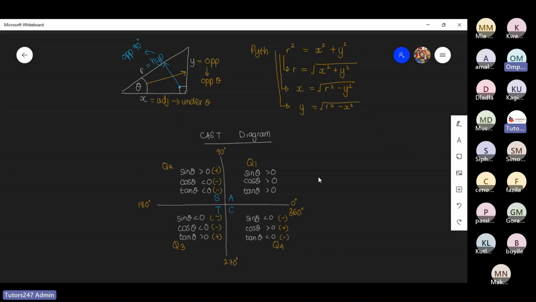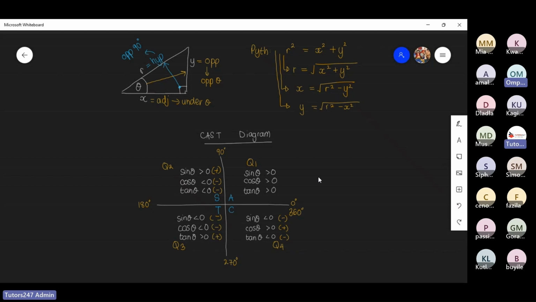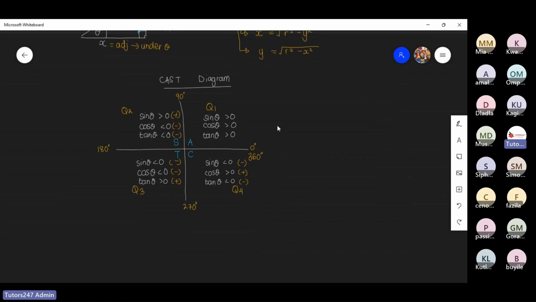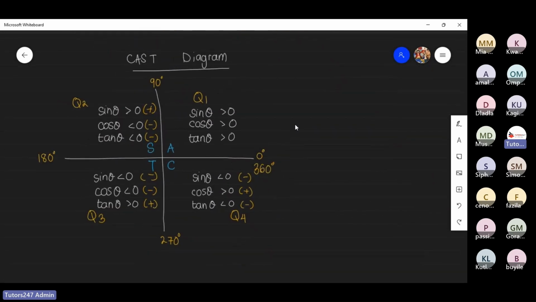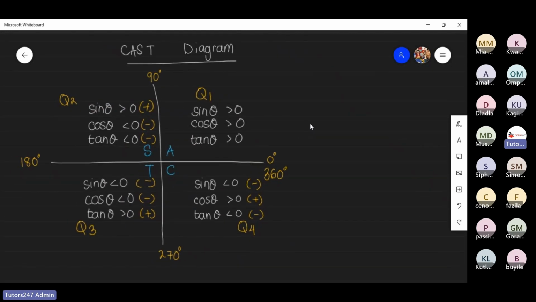If you were to reflect that triangle about the y-axis, you would then get the triangle in quadrant 2. If you were then to reflect that triangle in quadrant 2 about the x-axis, you'll get your triangle in quadrant 3. So all you're doing is basically flipping the triangle to get the next quadrant. So as long as you understand that triangle, proving them will be easy for you. All you need to understand is which is positive and which is negative.